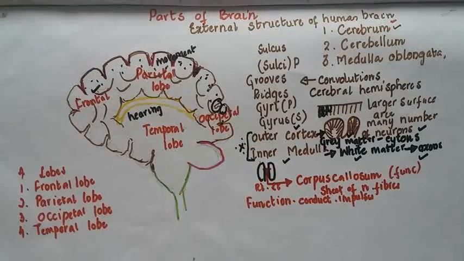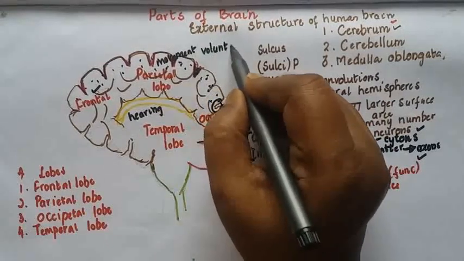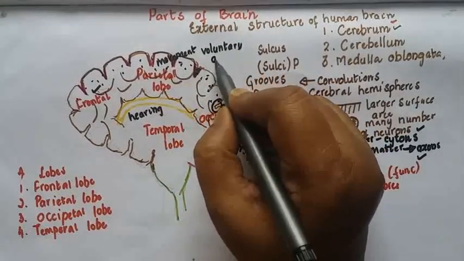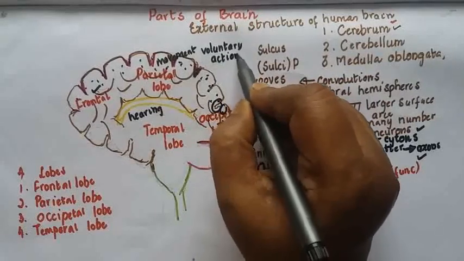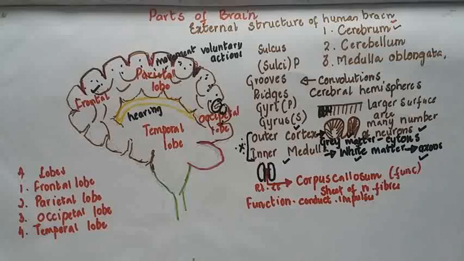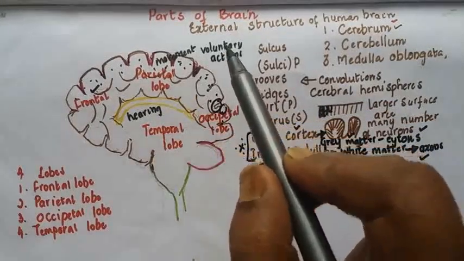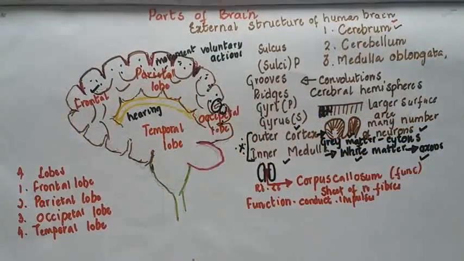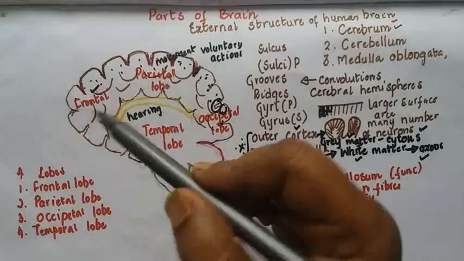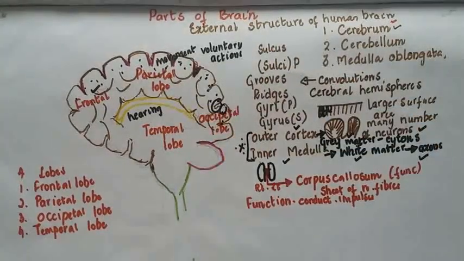You can say that the voluntary actions carried out by the skeletal muscles originate in the cerebrum. It is the region where all those impulses are brought about and conducted to the skeletal muscles to carry out your muscular movements.